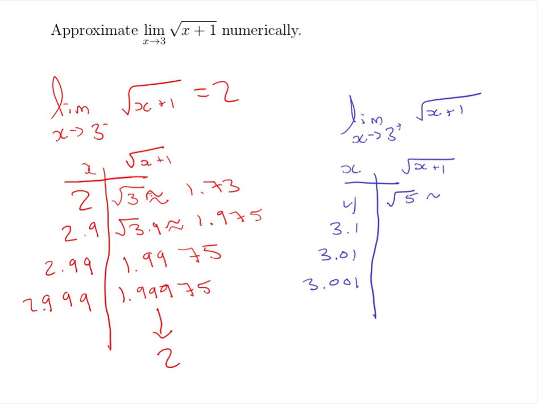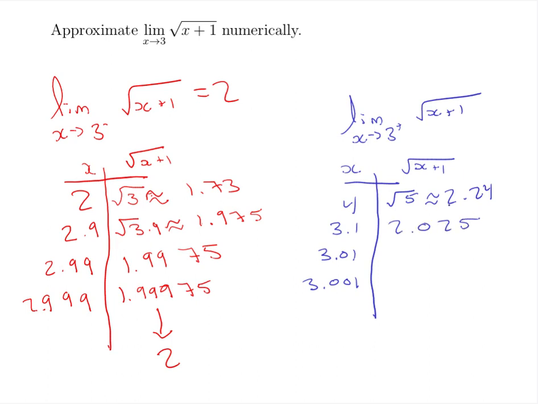Here we're going to get the square root of 5, which is approximately 2.236. Maybe I'll round that off to 2 decimal points and say this is approximately 2.24. And then if I put in 3.1, I'm going to get the square root of 4.1, which is going to be a little bit bigger than 2, 2.025.